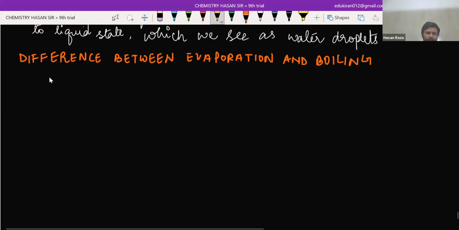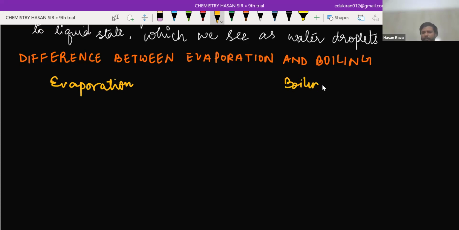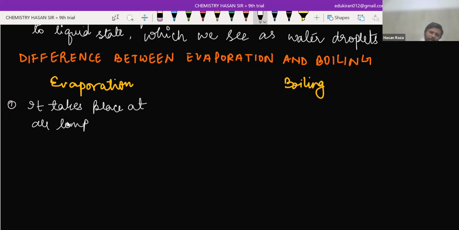The first here is evaporation. You already know about evaporation and boiling because we already discussed this. The first point I'm going to write: it takes place at all temperatures. It is not fixed that it will take place at a certain temperature. It takes place at any temperature.